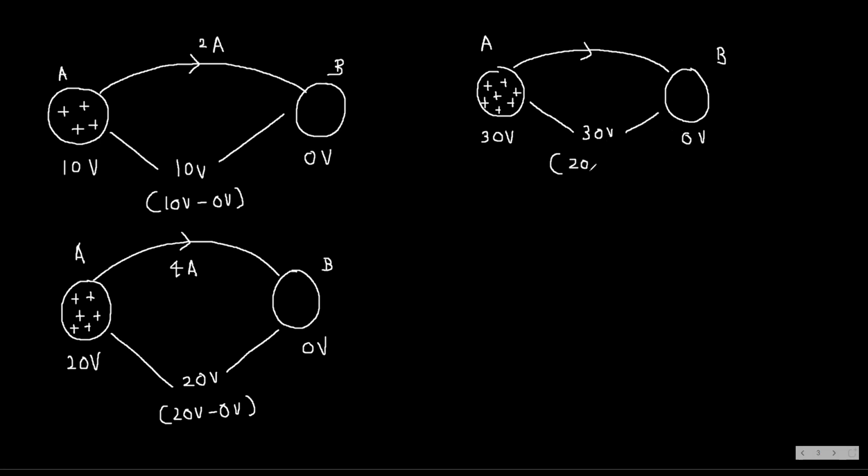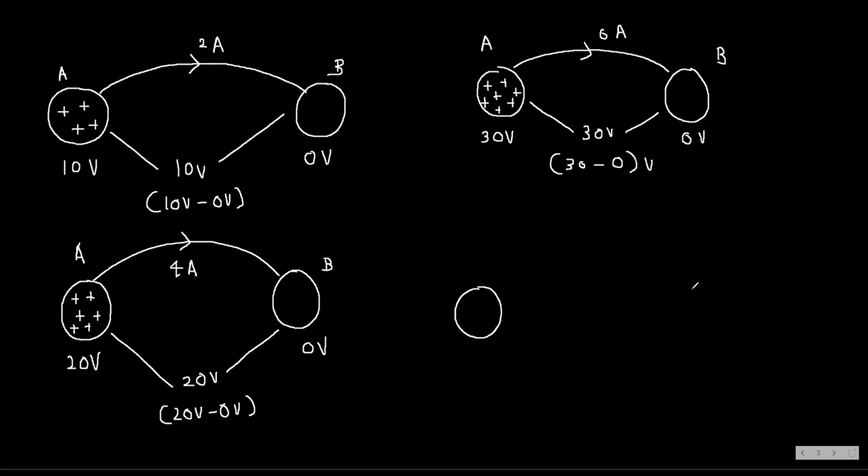Then what happened to the current? Is it increase or decrease? Increase. It is increased up to 6 amperes. You can see, according to the example, if I increase the potential difference between points, the current is also increased.